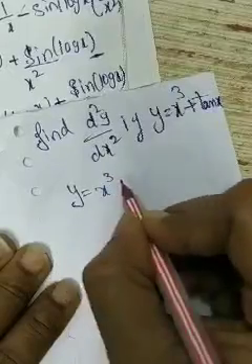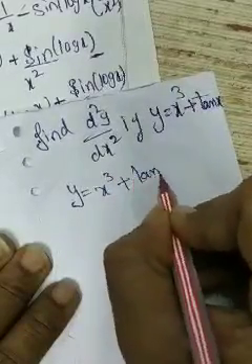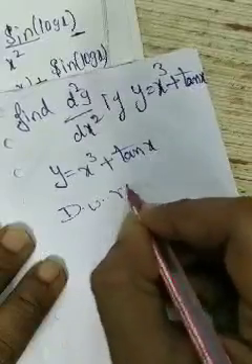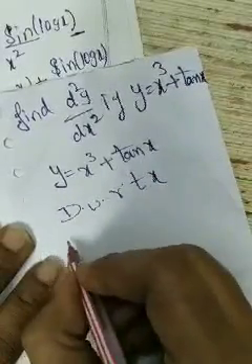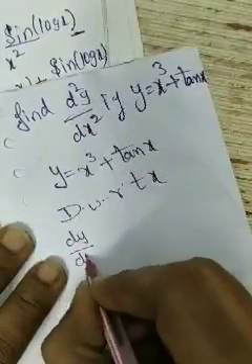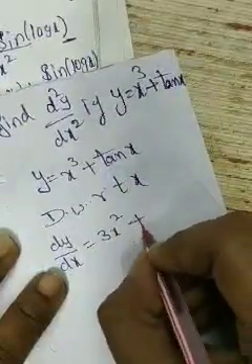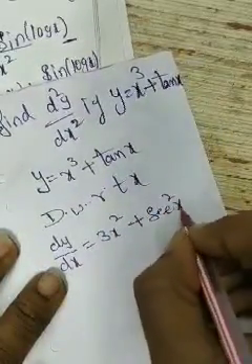Y is equal to x cube plus tan x. Differentiate with respect to x. So dy by dx is equal to 3x square plus, tan x derivative is secant square x.